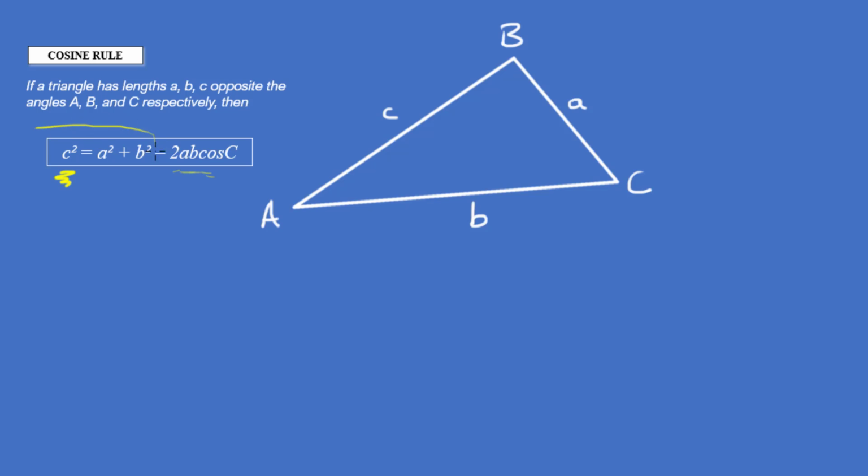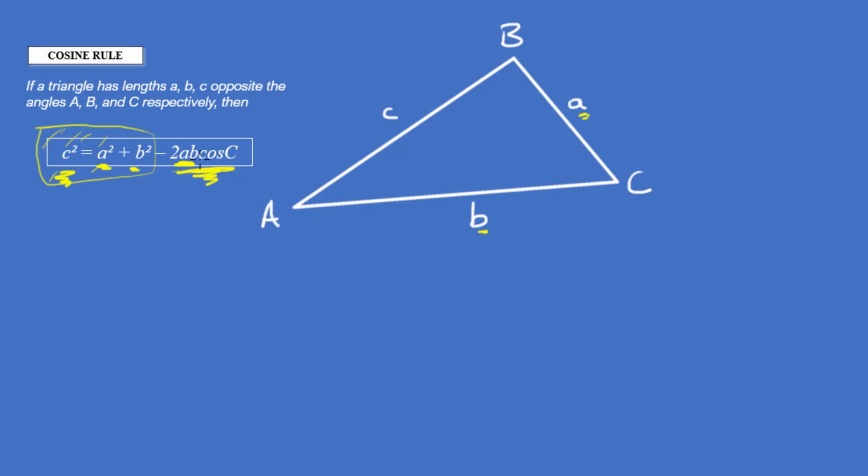If you think about it, this first part of the formula is kind of like the Pythagorean theorem. It's just that you have this extra 2ab cos C. You recognize that a and b are the sides that would already be right here, the sides in front of that squared sign that we have, c squared.